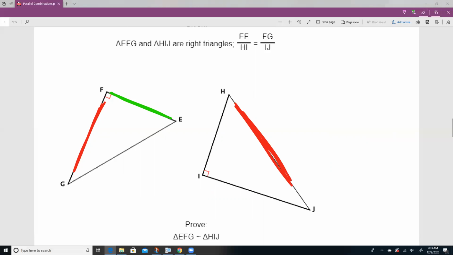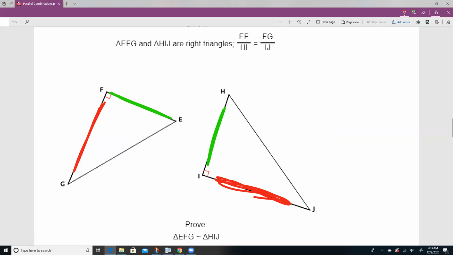FE and HI correspond. HI's over here. And FG corresponds to IJ. I totally marked that second triangle wrong. I apologize. Okay, now I can solve.